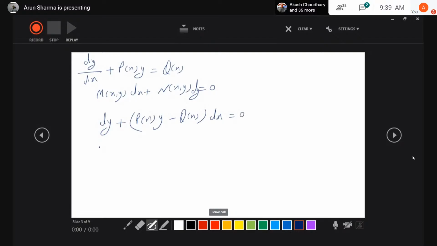Yes. So write it like P(x) times y minus Q(x), times dx plus dy equals 0.